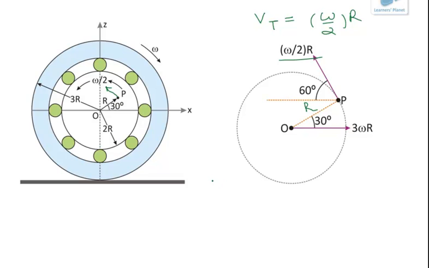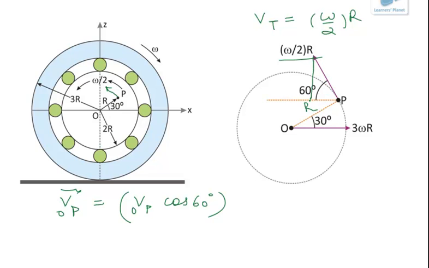So if we write this velocity in the vector form, if this angle is 30, then this angle will be 60.